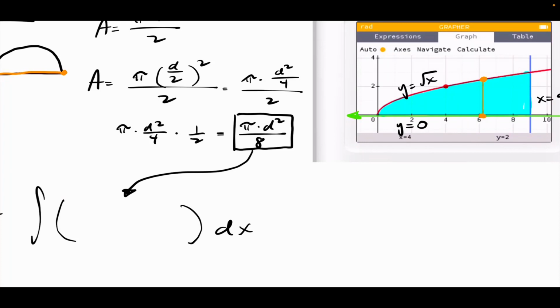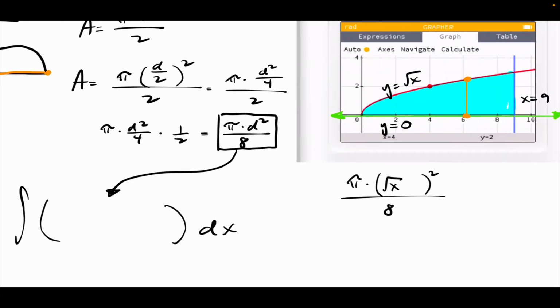So that's what we're going to plug in for d. Okay? So we're going to plug in pi times the diameter, which is that distance. That distance is the square root of x minus 0.